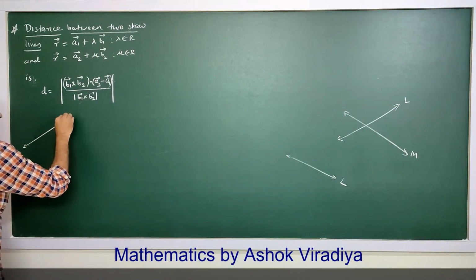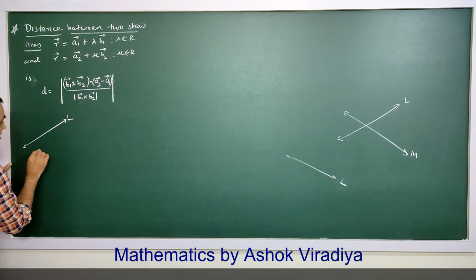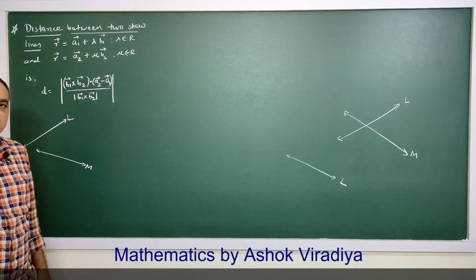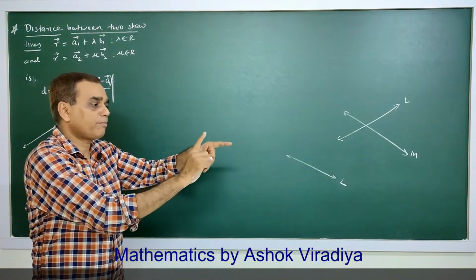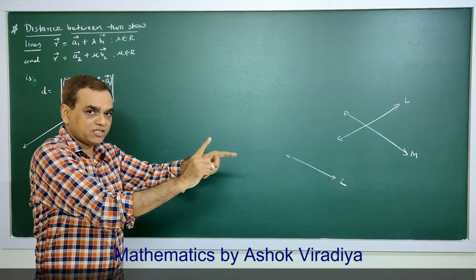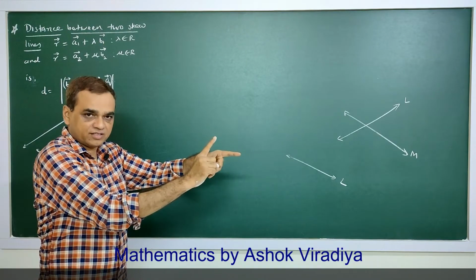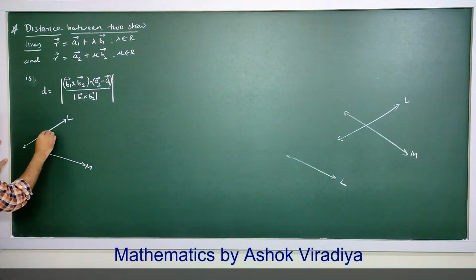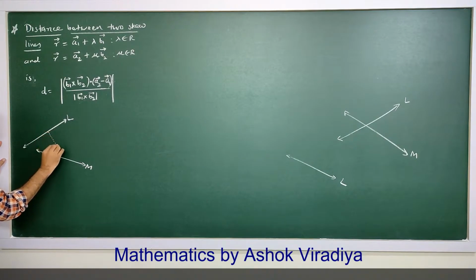If this is L and another skew line is like this M, which I showed by two pens in different directions, not in contact of each other, there exists a distance between them, and this is a perpendicular distance.